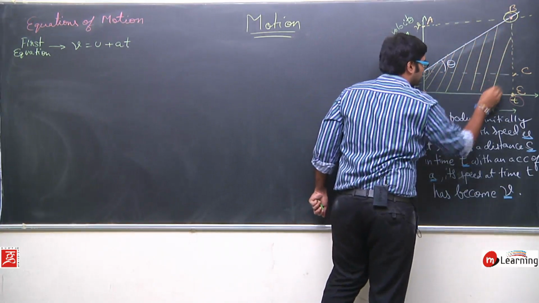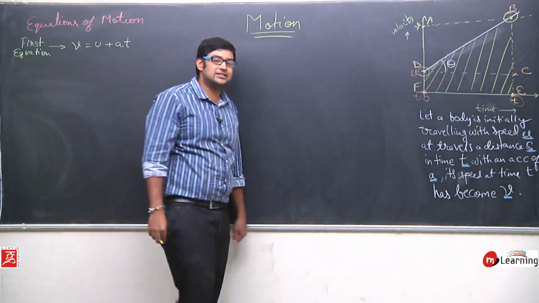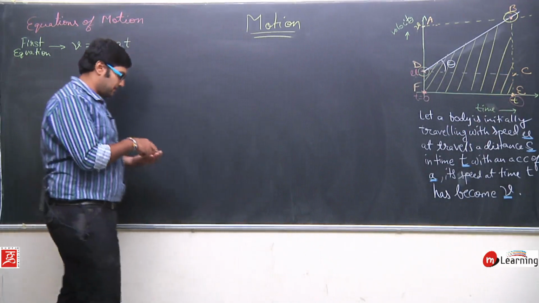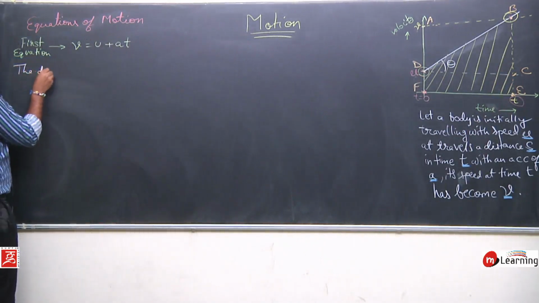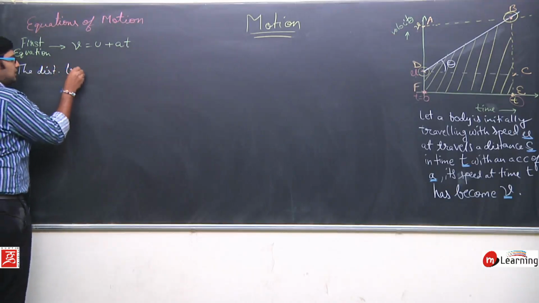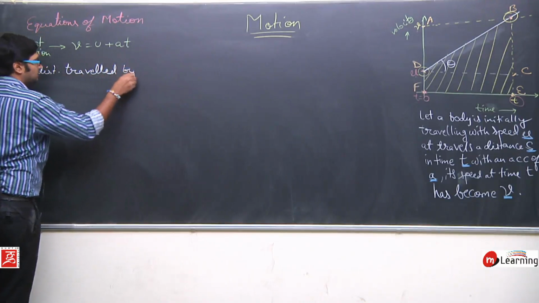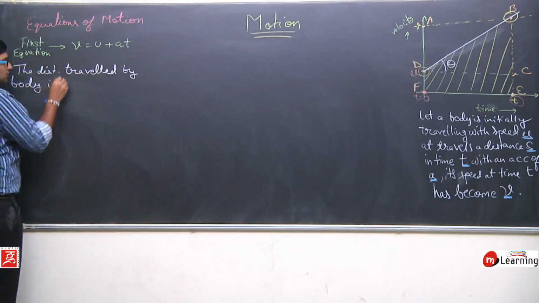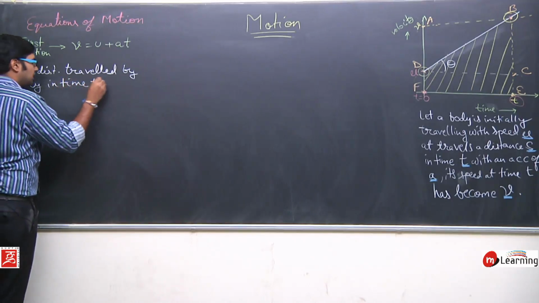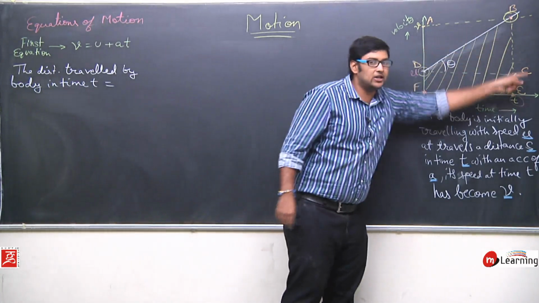The area of this region represents the distance traveled by the body in time t. So the distance traveled by body in time t will be equal to the area of this particular region.